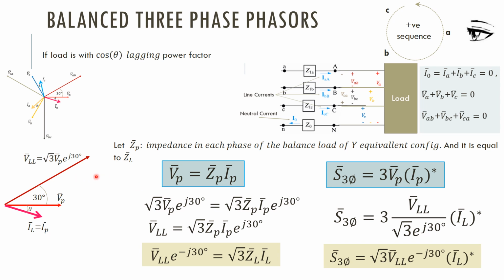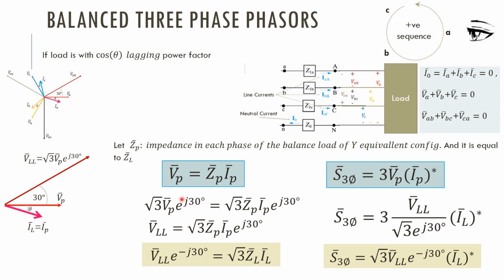Then the VP phasor is equal to the ZP phasor times the IP phasor. If you are considering each phase, you can write this equation, right?